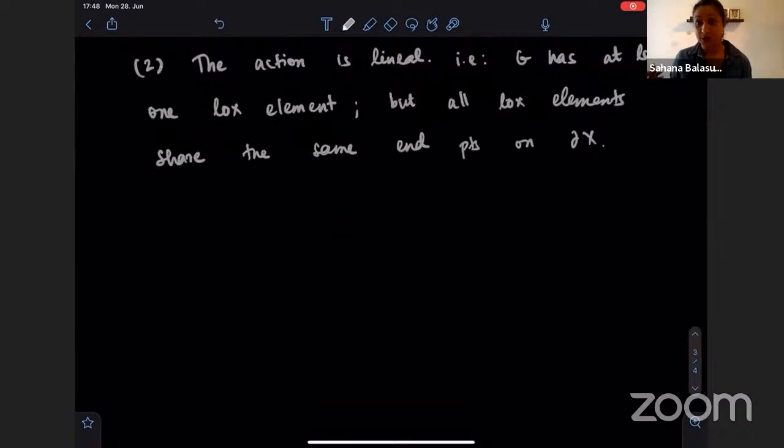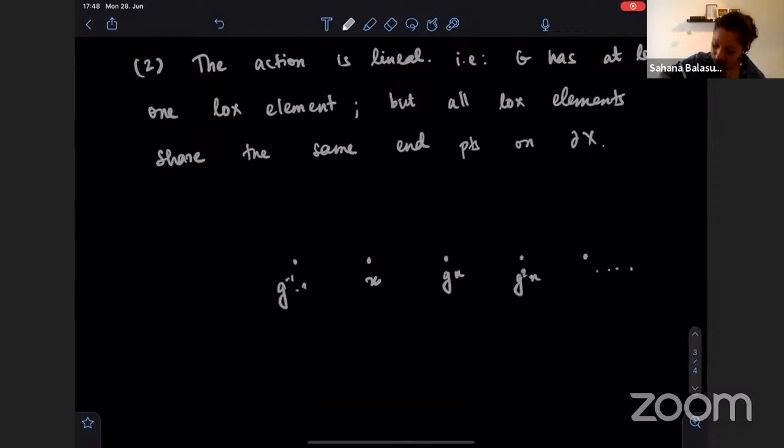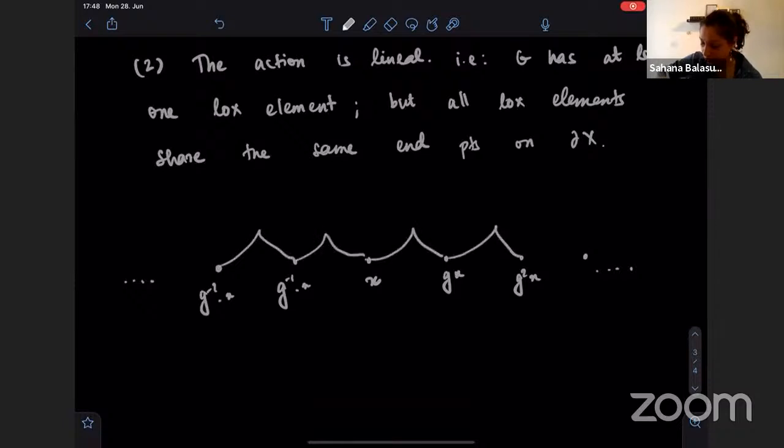So the lineal action looks like this. Let's say you have your choice of base point x, and little g is your loxodromic element. So we've got an axis that it defines just by taking its powers. And of course, this doesn't have to be a straight line geodesic. It could be something like this. It could be a quasi-geodesic.